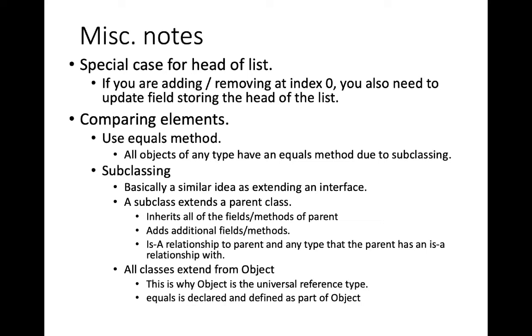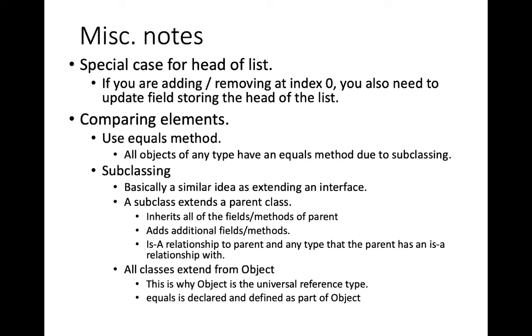But for two instances of some other object type, it's going to be something else, right? If a specific type doesn't have a better version of equals, it will simply use the one it inherited from Object, which essentially is the same thing as double equals. It will see whether the two objects are in fact pointing to the exact same object in memory, and then it'll say true if yes, and false otherwise.